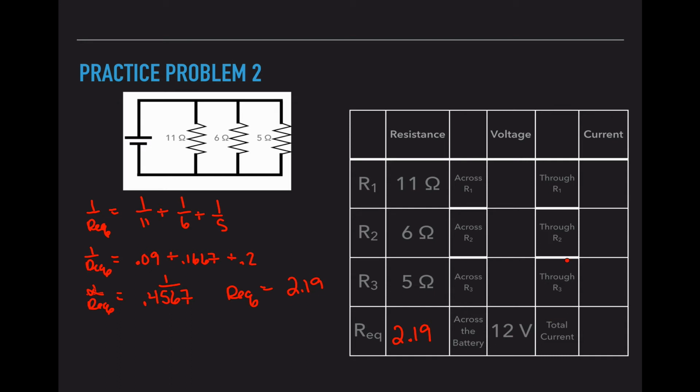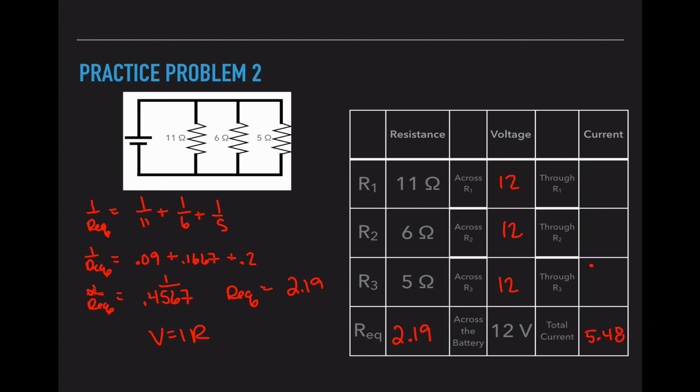Now again, looking at the diagram, since my electrons only travel through one resistor and I get 12 volts of energy from the battery, I can place a 12 in each of these boxes. Now I can use V equals IR to calculate each current. So 12 divided by 2.19 is 5.48. My total current is 5.48.